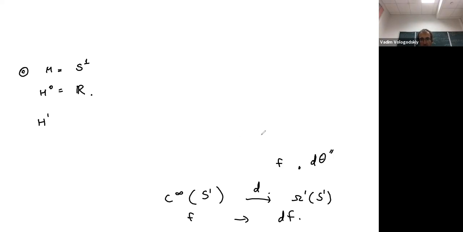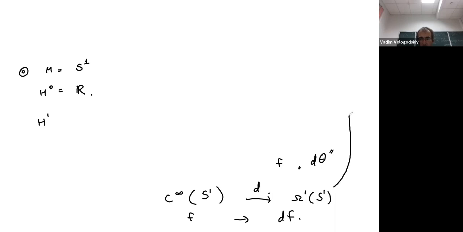And the question is whether this map is surjective or not. Well, I claim that the answer is no. So it's not surjective. And in fact, the de Rham homology is going to be isomorphic to R.